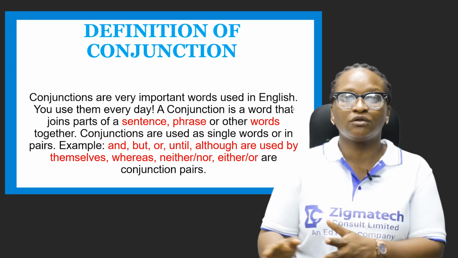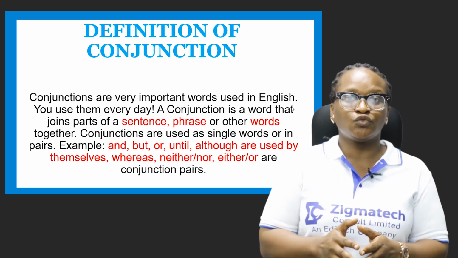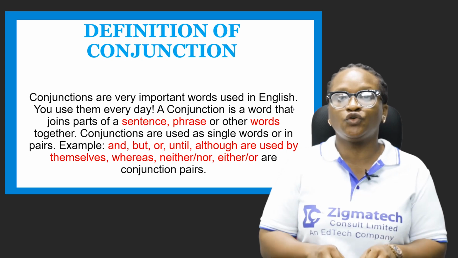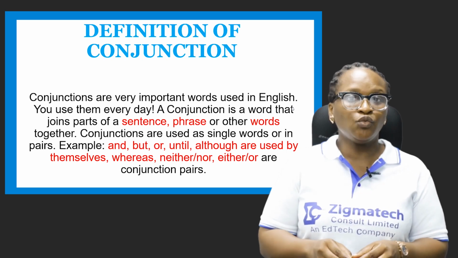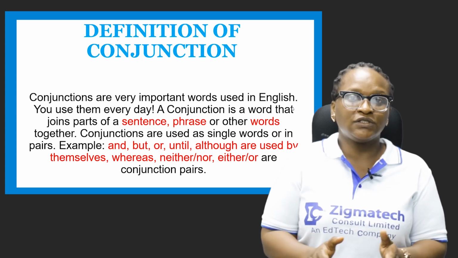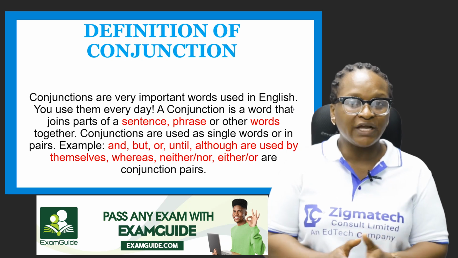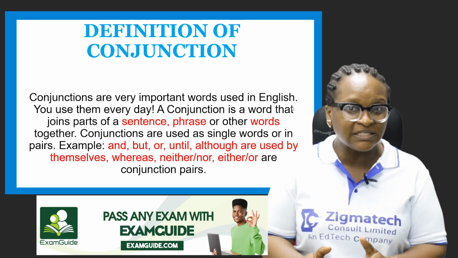But I would like to mention parts of sentences. When we talk about conjunctions, we refer to those words that we use to join words of the same class, or words of different viewpoints or ideas.